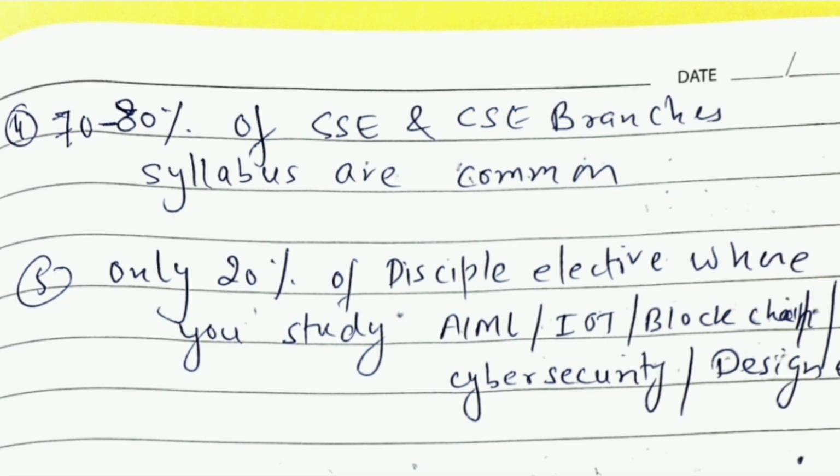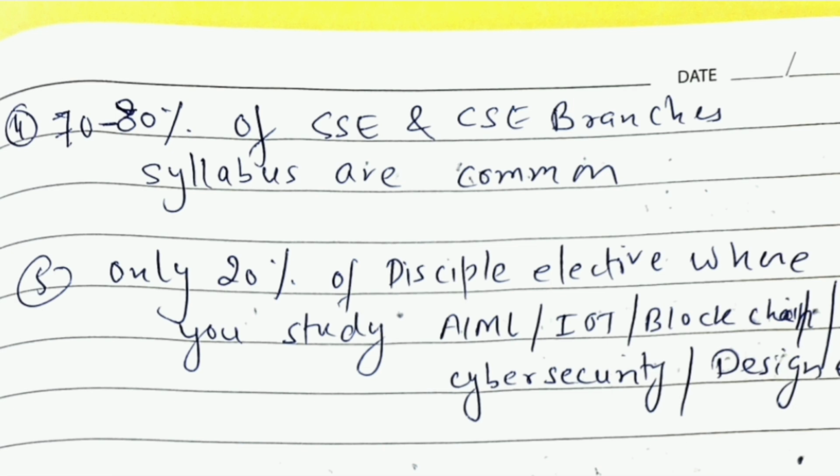The only thing is they have lesser exposure to the hardware part and the security part of it, and if you can gain that, you will be as good as CSE students.